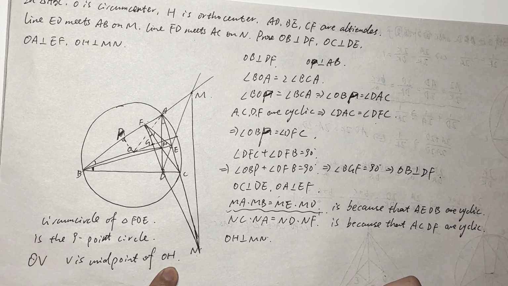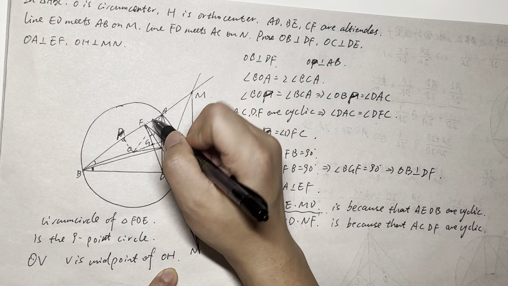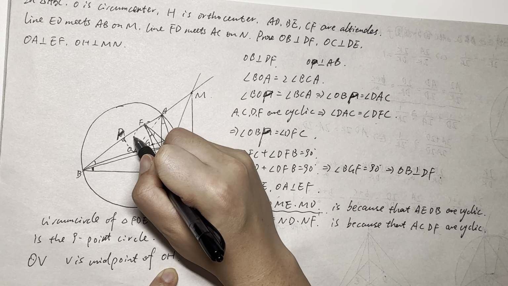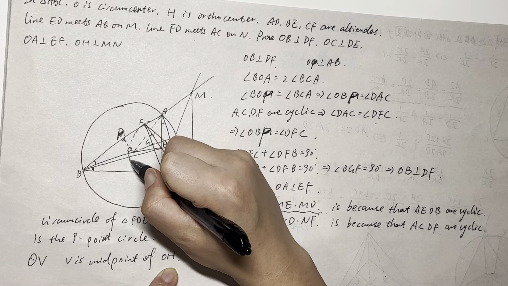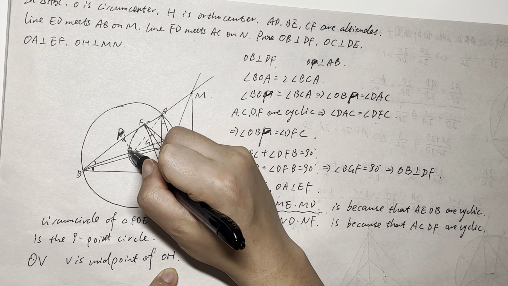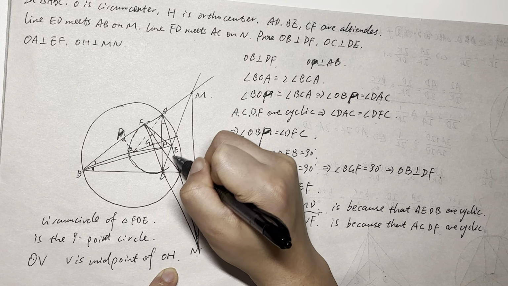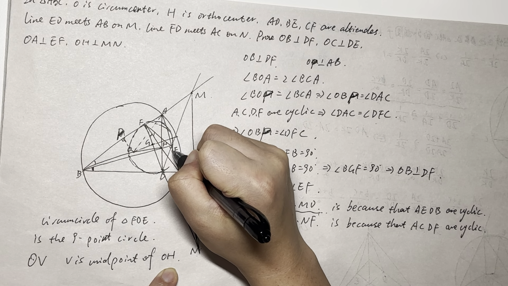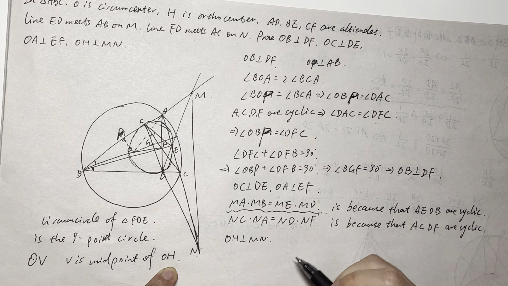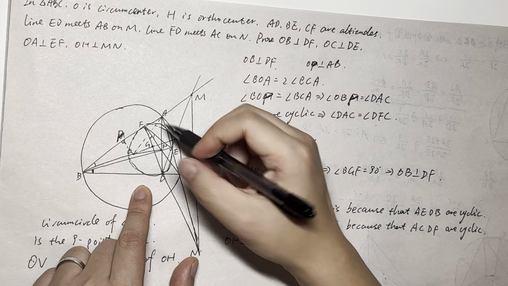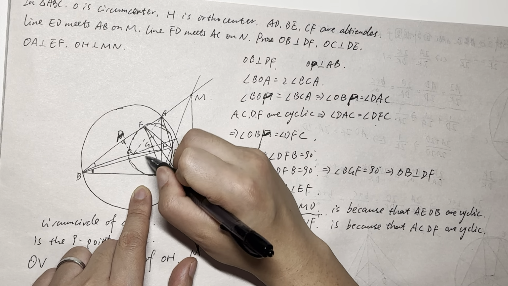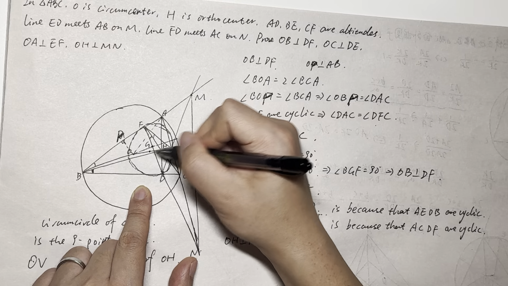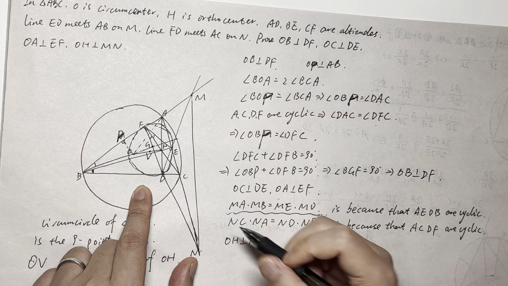Right. Okay, now let's just look at the 9-point circle. I just draw it here. Right. Look at this 9-point circle, which has a center V at the midpoint of OH, right?